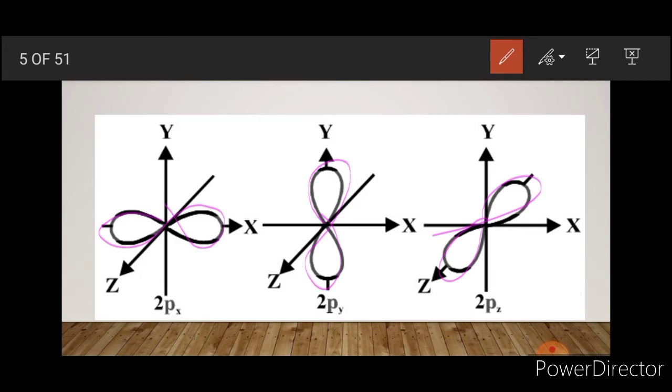You have to remember that the size, shape and energies of the three p orbitals are identical. They differ only in their orientation.